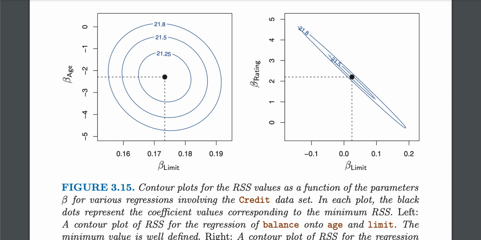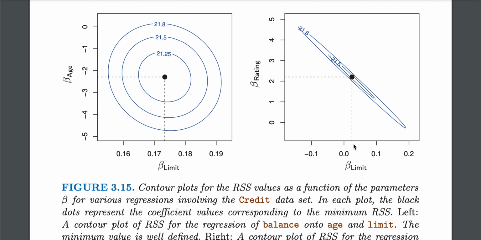Now here, when we are using rating and limit, if we change the residual sum of squares from 21.5 to 21.8, so we're moving from here to here, the limit coefficient suddenly goes from positive to negative.